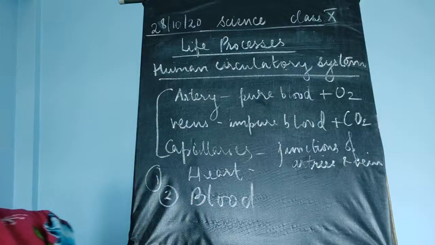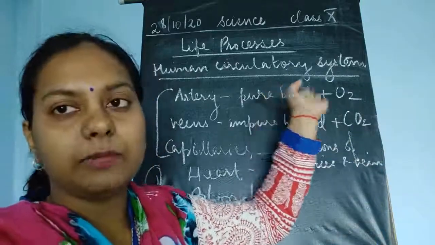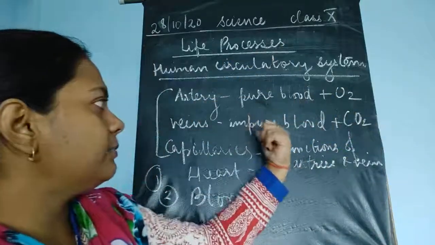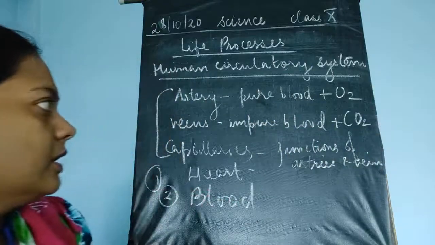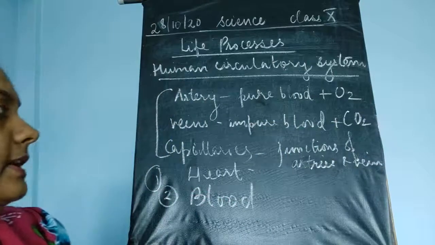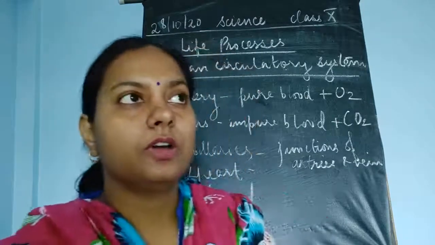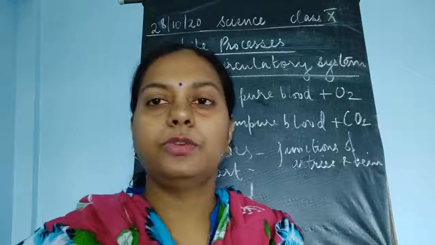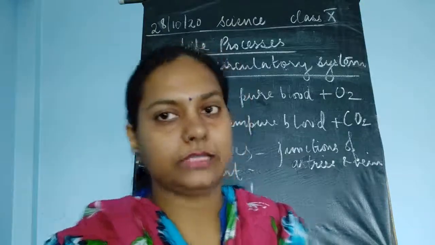So please don't get confused: if I say pure blood, it means oxygenated blood, blood mixed with oxygen. And if I say impure blood, it means deoxygenated blood which contains carbon dioxide dissolved in it. And the capillaries are the places where the exchange of oxygen, carbon dioxide, food, the good products and the bad products takes place, okay.